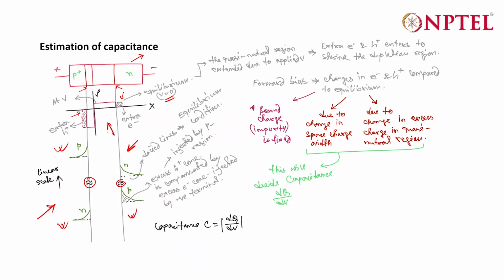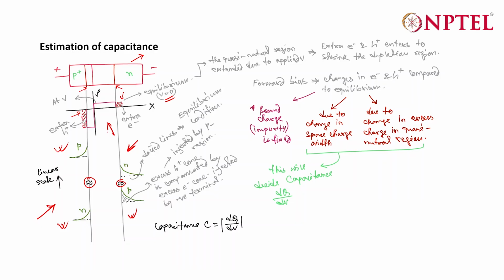This particular area shows the extra holes, and this particular area represents extra electrons, right? Now this extra hole and extra electron will shrink the depletion region.